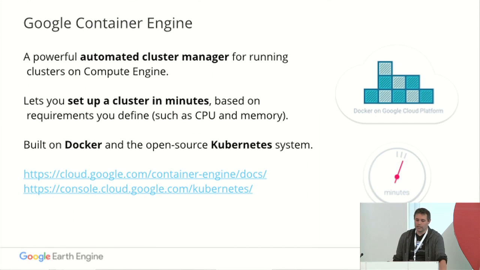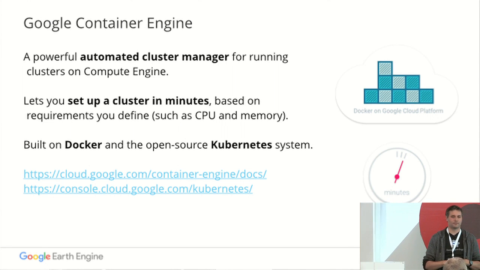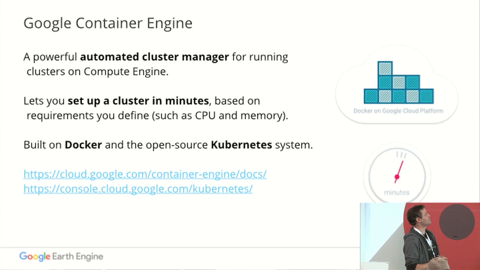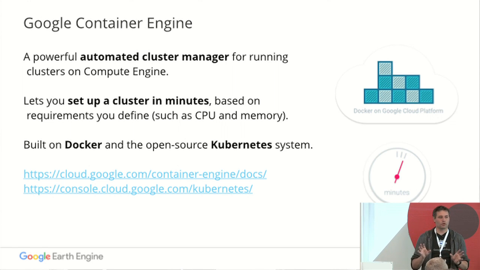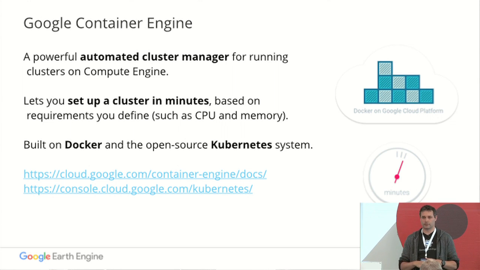All right, so before we leave the world of VM-style computing, I want to take a moment to talk about what you might call a phase 2.5 approach. This is Container Engine or Kubernetes. This is actually much more like how Google currently runs most of our web services, the ones that you use as consumers every day.